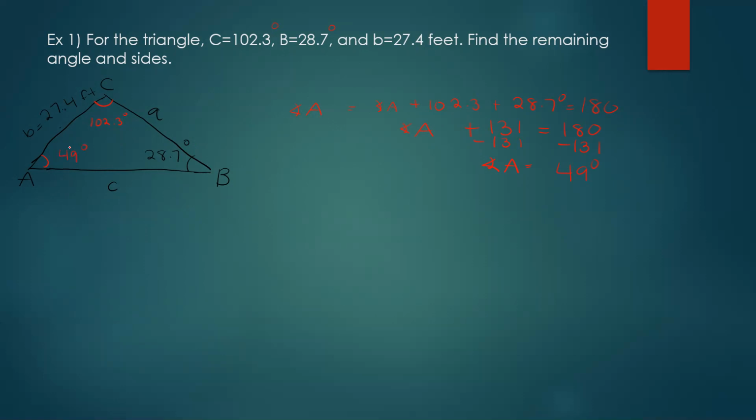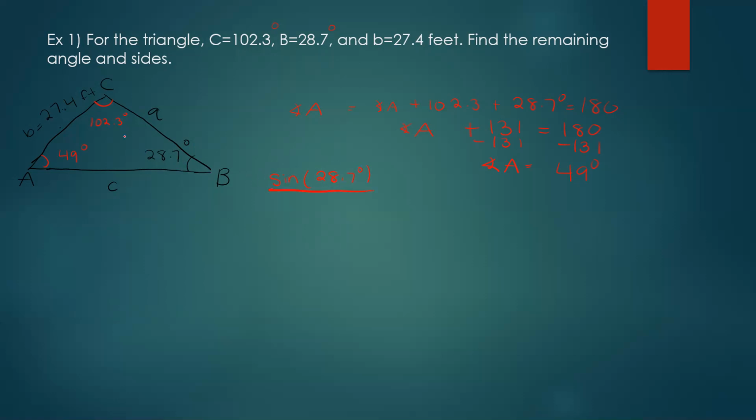Now we just need to find the missing sides a and c. Let's use the law of sines. There are many ways you could do this. One way: sine of B, which is 28.7 degrees, over the side length.